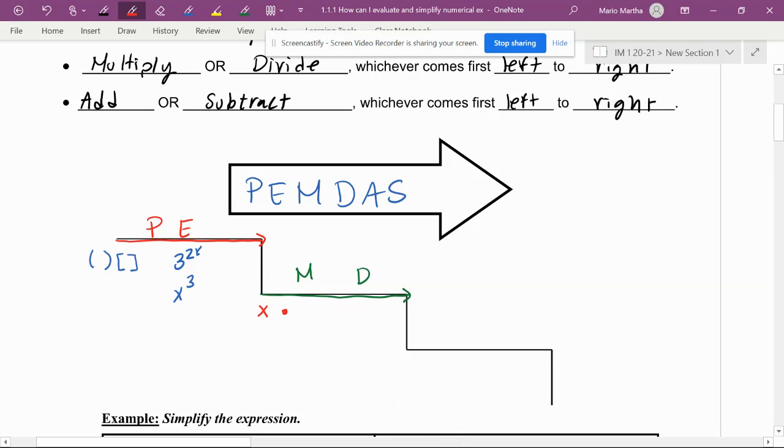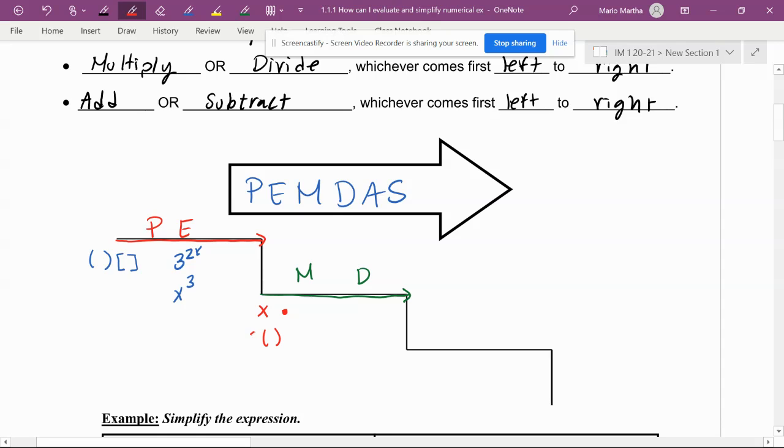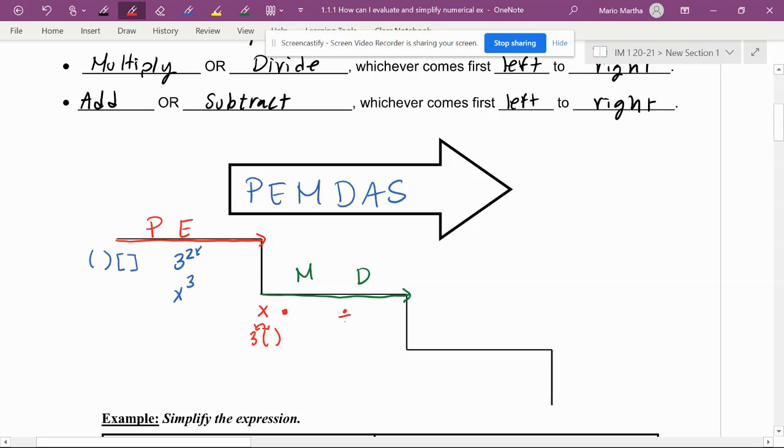Sometimes you will see parentheses with a number in front, which still means multiplication between those two. And then also division, you will see this symbol, or if you see a fraction, that's just straight up a division. It's nothing simpler than that.